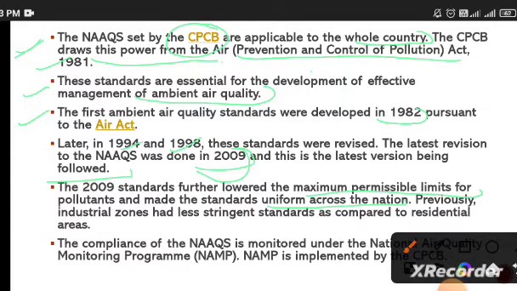Earlier, the industrial zones had less strict standards as compared to the residential areas. Last, the compliance of the National Ambient Air Quality Standards is monitored under the National Air Quality Monitoring Program, that is NAMP, and this is again implemented by the Central Pollution Control Board.